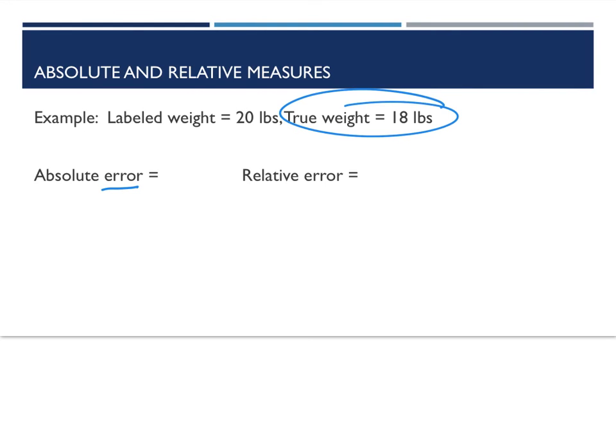So if I added weight, my error should be positive, and in this case it would be 2 pounds. So I would do 20 minus 18 to get a positive 2 pound error. Again, that makes the true weight the reference. So to find the relative error, I do 2 divided by 18, which is 0.111, or 11.1%.